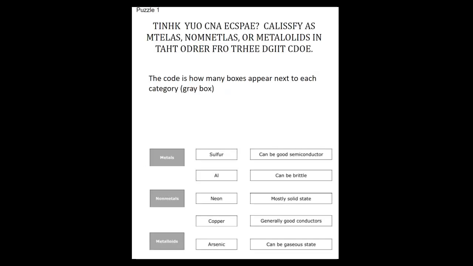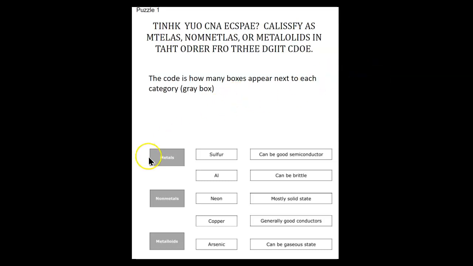Okay, puzzle 1. At the station, you will read the directions in the scrambled letter message. You will organize the scrambled pile of properties, element names, and element symbols into 3 categories. You will classify them as metals, nonmetals, or metalloids in that specific order.